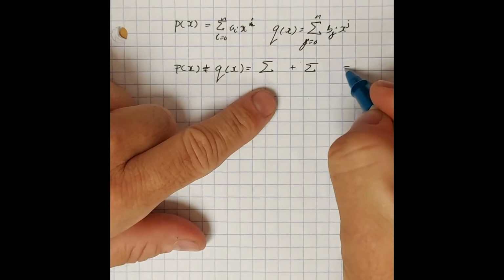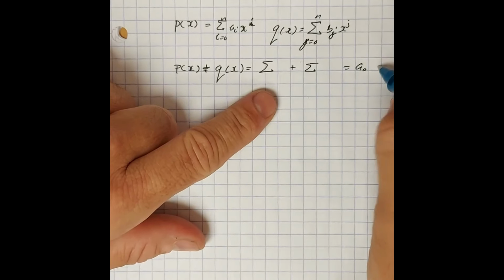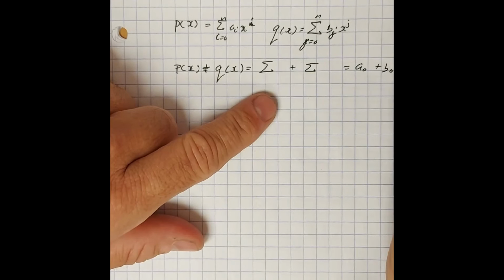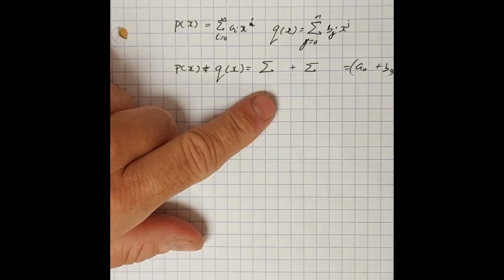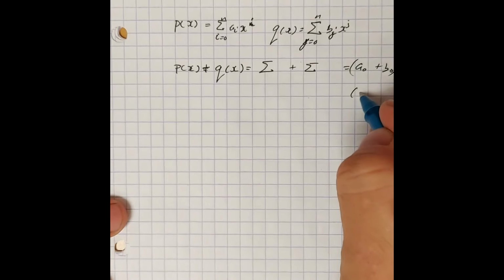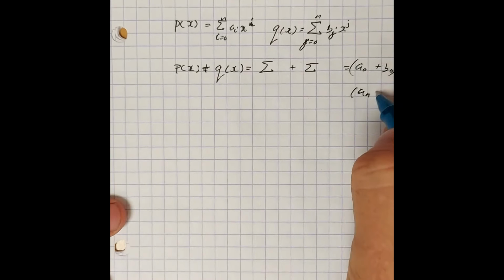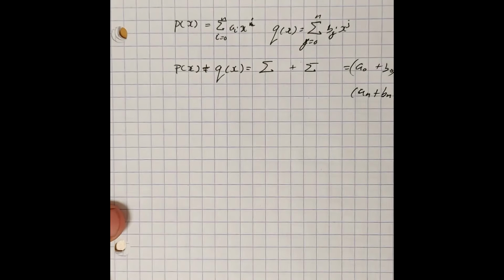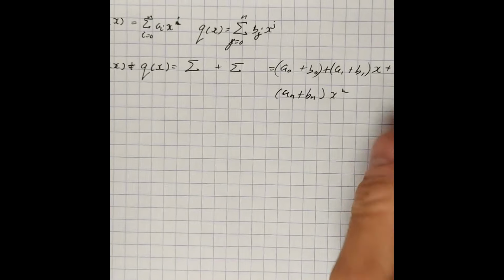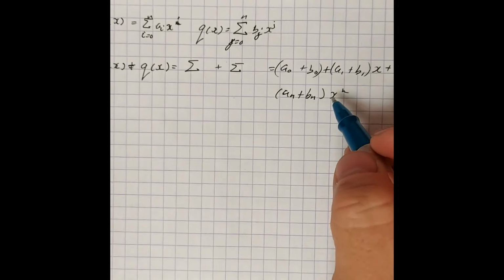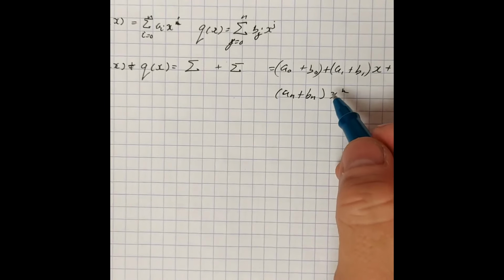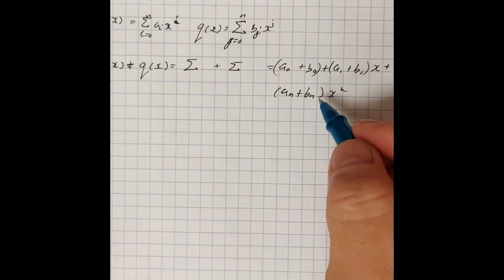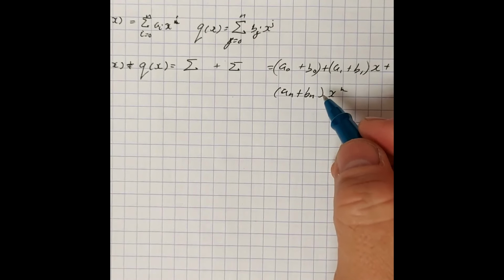If we expand this out, a0 plus b0, plus a1 plus b1 times x, plus dot dot dot, it's still going to be a polynomial of degree n with coefficients from whatever field we're pulling from, so it is closed under addition.